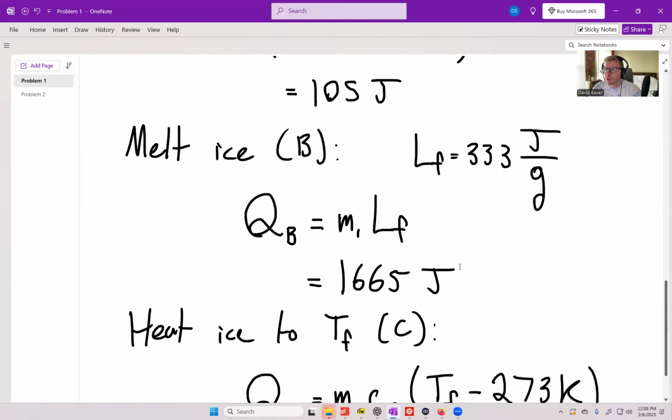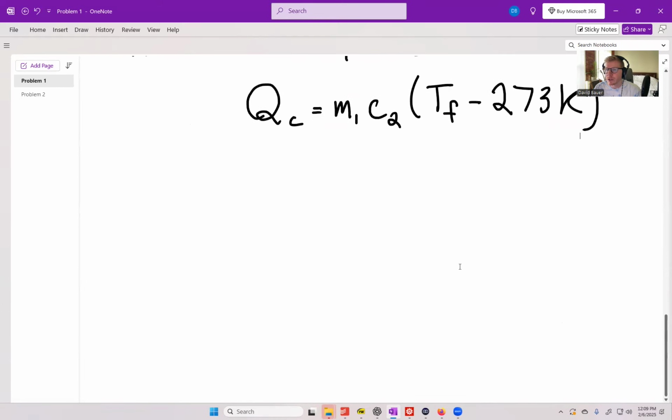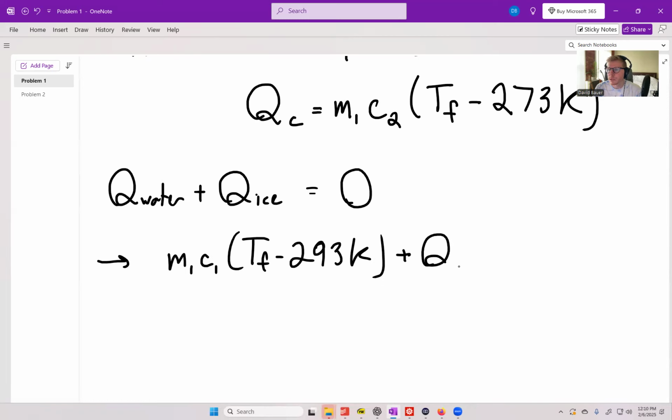All right, now I just want to add everything together and write out my calorimetry equation. So that's going to be, again, Q water plus Q ice is 0. So that's M1 C1 (T final minus 293) for the water, plus QA, plus QB.